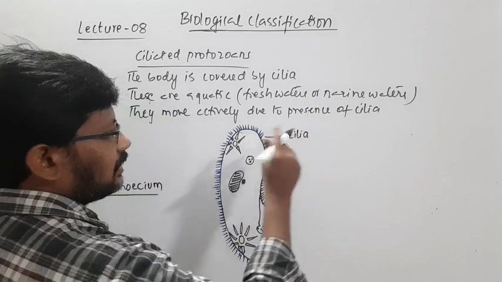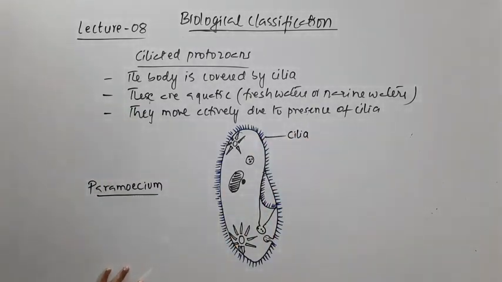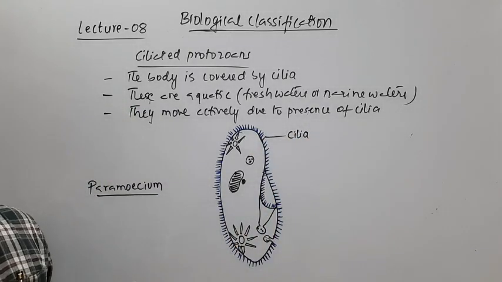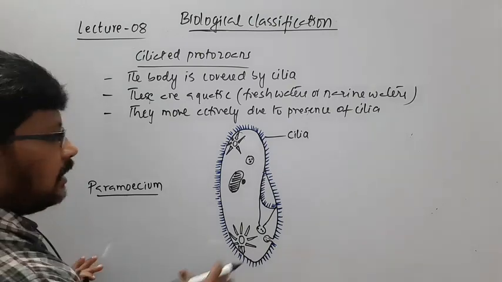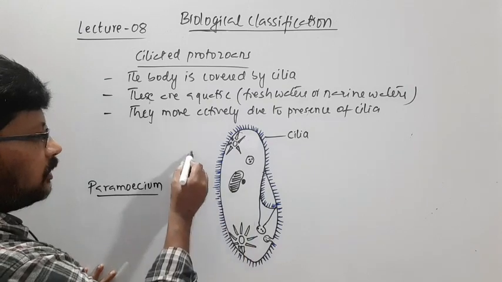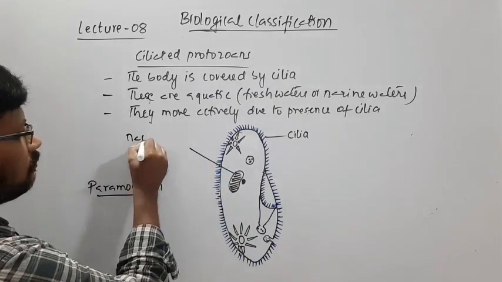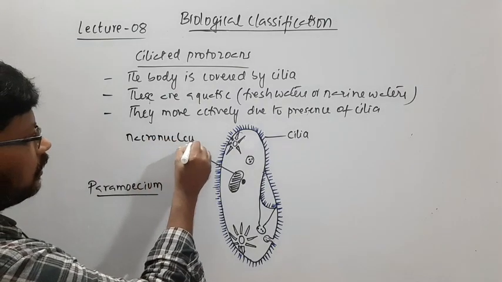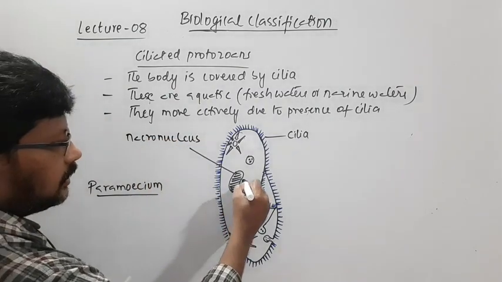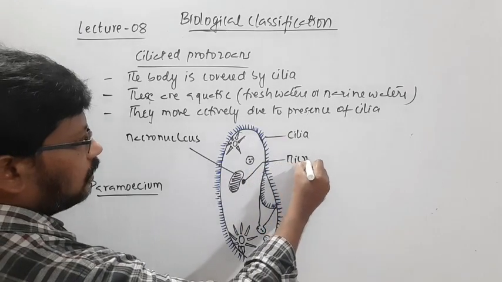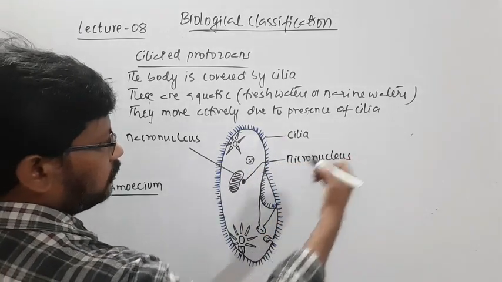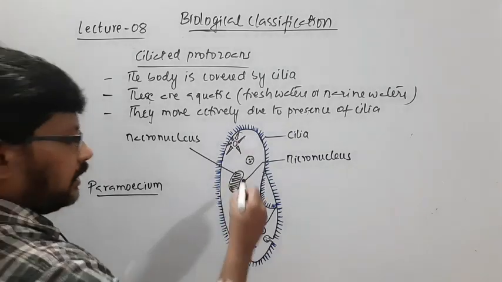The length of cilia is shorter when compared with flagella. Flagella will be whip-like and longer when compared with cilia. The Paramecium will have one bigger nucleus, which we call the macronucleus, and there is another small nucleus called the micronucleus.